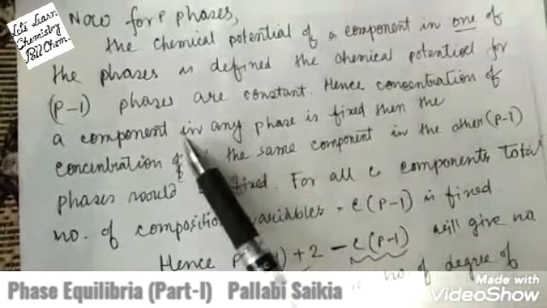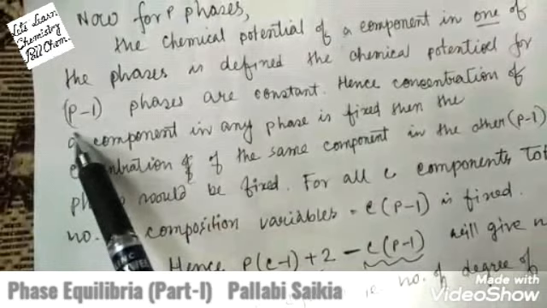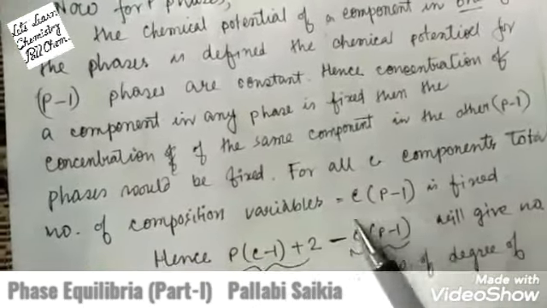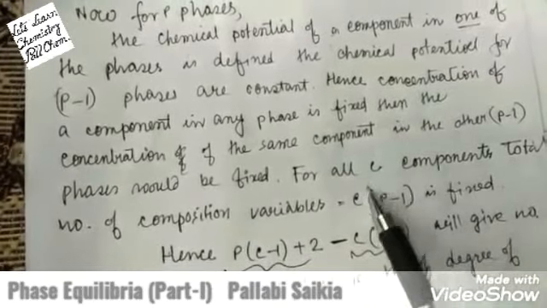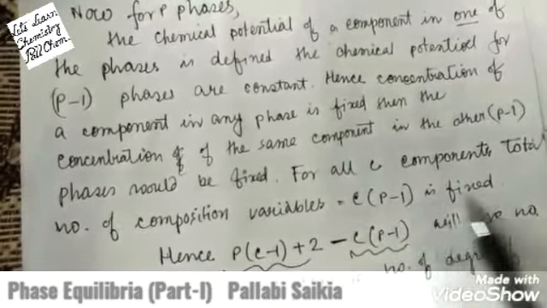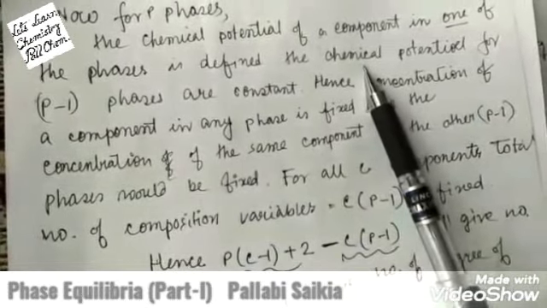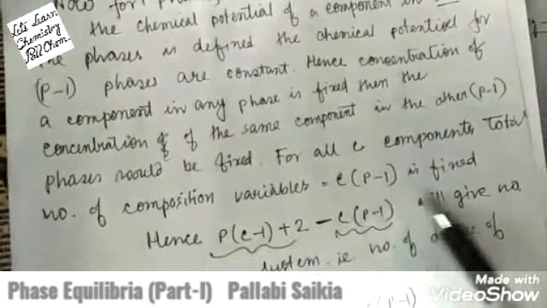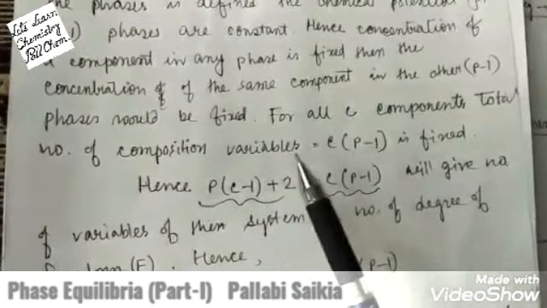Now the concentration of the components for all the C components, it will be C into P minus 1. Hence, C into P minus 1 numbers will be constant for a phase transition.